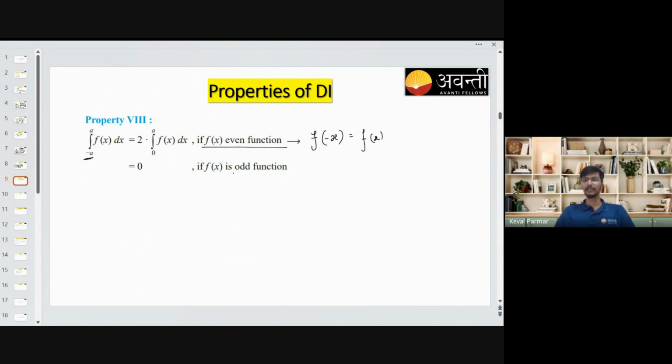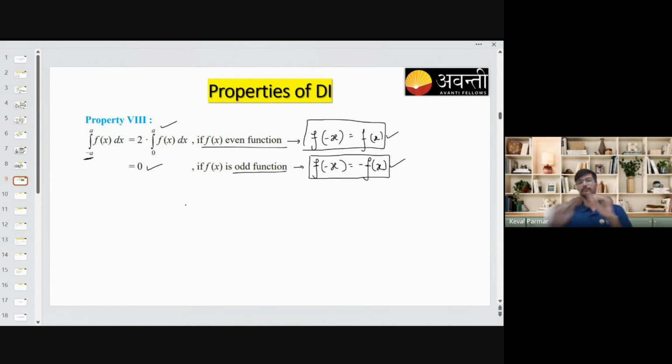For an odd function, f of minus x will be equal to minus f of x. Right? So again here, first we need to check these two, whether the function is an even function or an odd function. If the function is even, then I can use this definition. And if the function is odd, then I can simply put it as 0.